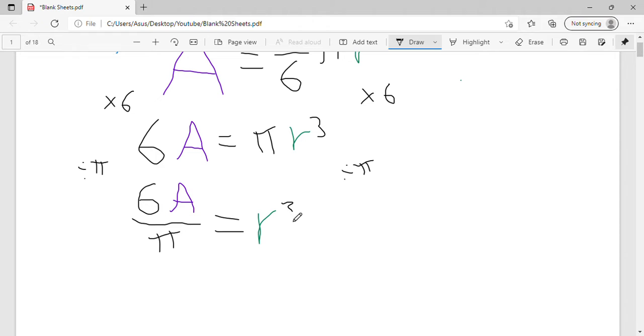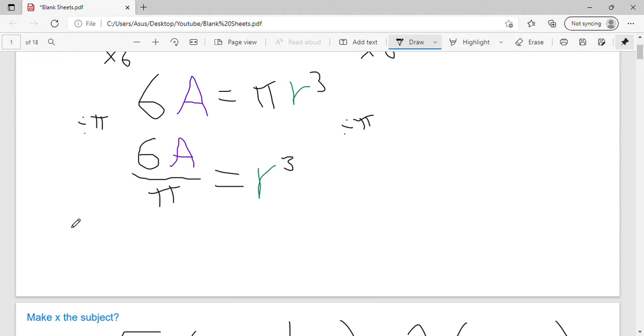Now, to get rid of this cube here, we're going to cube root. Cube root, that's the opposite of cubing something. We're going to cube root both sides, so that's the whole thing. We're going to cube root the whole thing here.